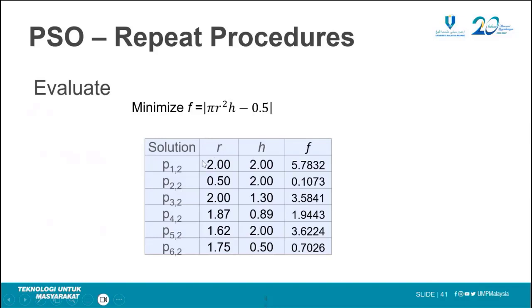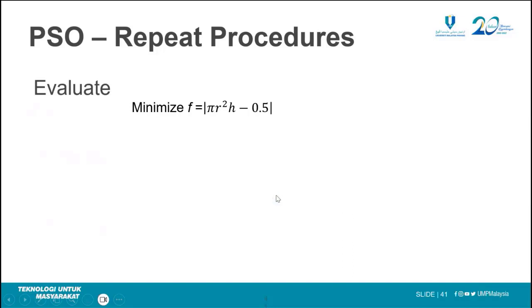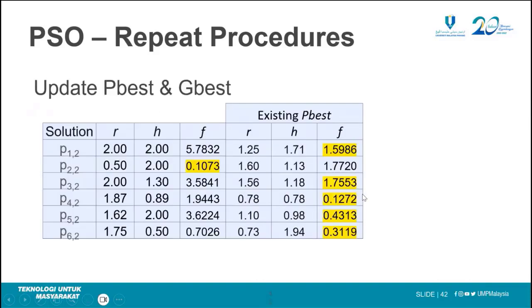When we calculate the new fitness function, we get the fitness value for the second iteration. So this is the fitness value for the second iteration, utilizing the new variable values that we obtained from the earlier stage. Then again, it will repeat the procedure.